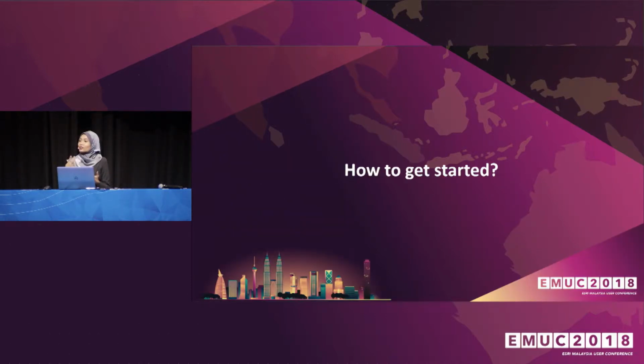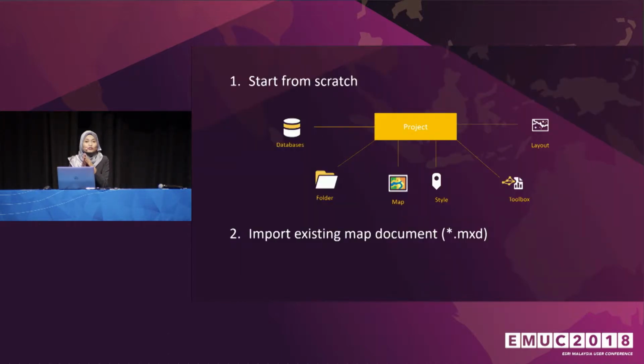Basically, there are 2 options for you to get started with this product. First is to start from scratch. ArcGIS Pro will help you to manage the resources that you have in a work project. It will create one project file that we call an .aprx file. This project will contain your maps, your scenes, layouts, data, tools, and other items that you have.